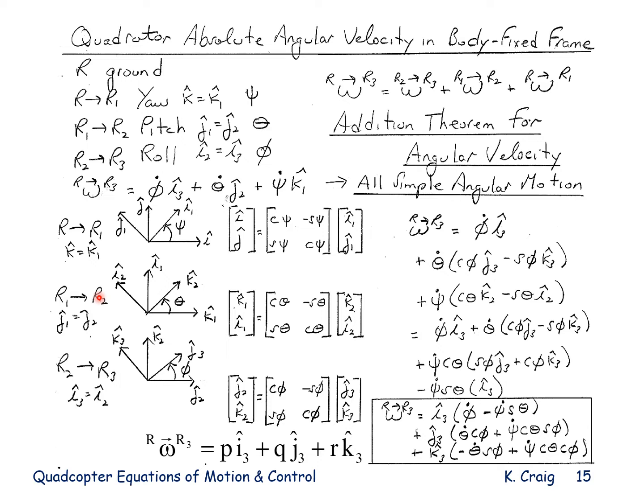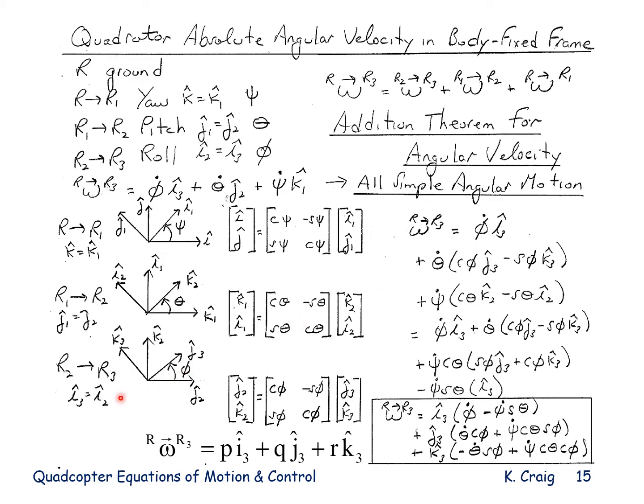Similarly, when I move from R1 to R2, I rotate through the angle theta. The y-axis of both reference frames is common, J1 hat equals J2 hat. And I represent the relationship between K2 hat and I2 hat and K1 hat and I1 hat with this 2 by 2 matrix.